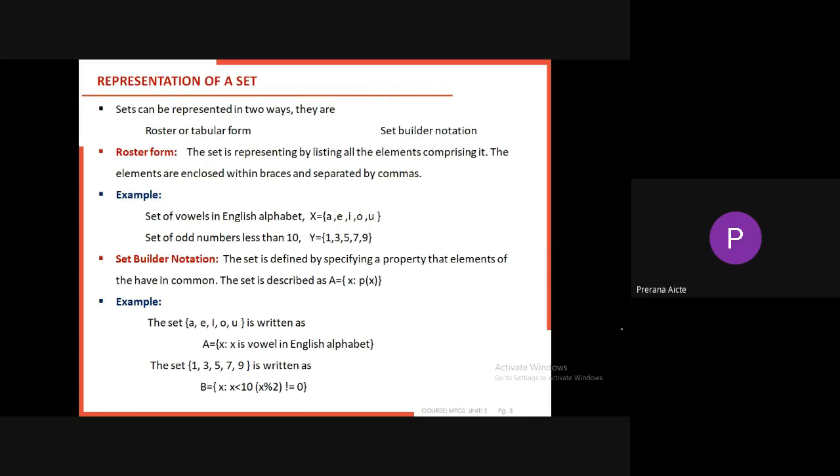Okay, next we have the representation of sets. Sets can be represented in two different ways, either in roster or tabular form, or set builder notation.